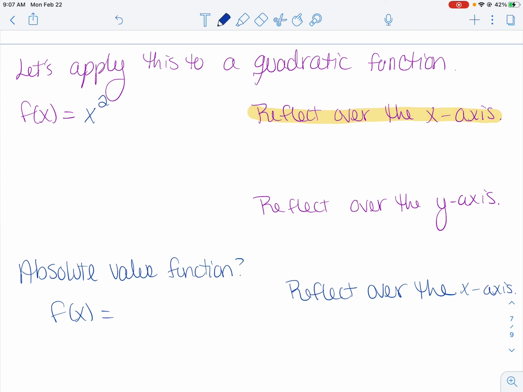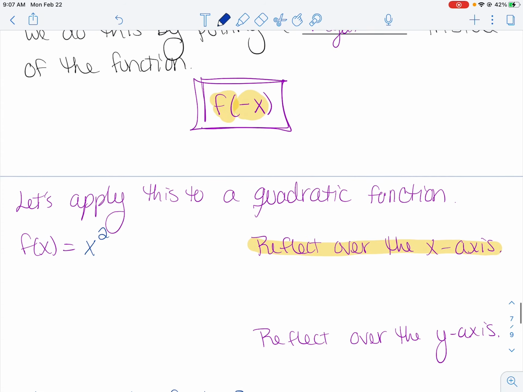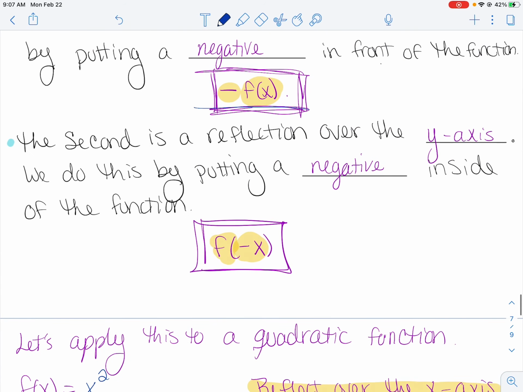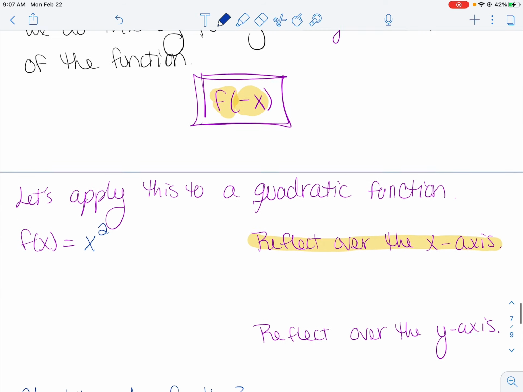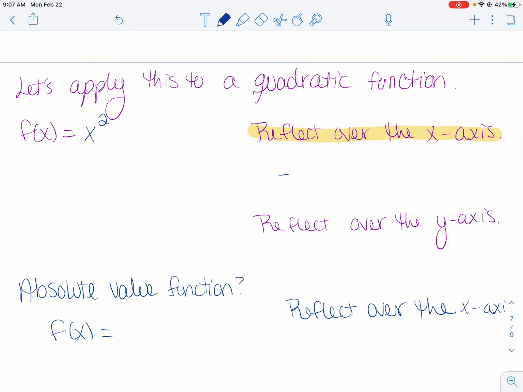First directive is to reflect over the x-axis. So I'm going to do that by putting a negative in front of the function. So we could do negative f of x, or if we know the function like we do here, we'll start with f of x equals, and then do negative x squared.